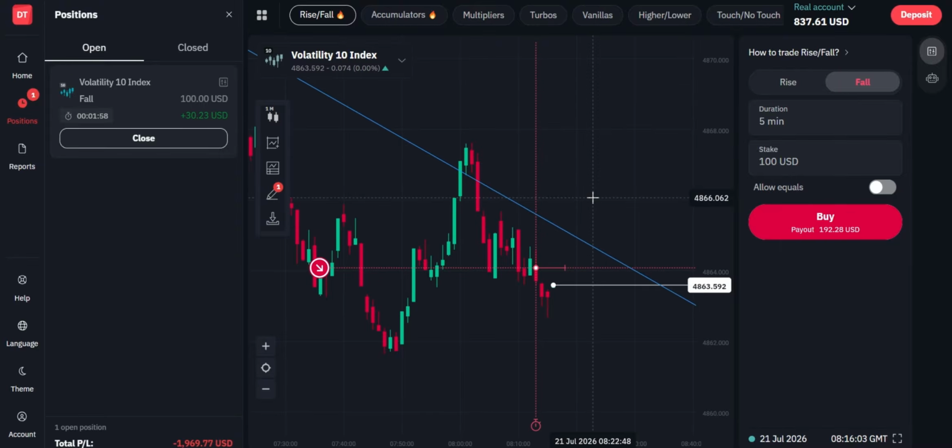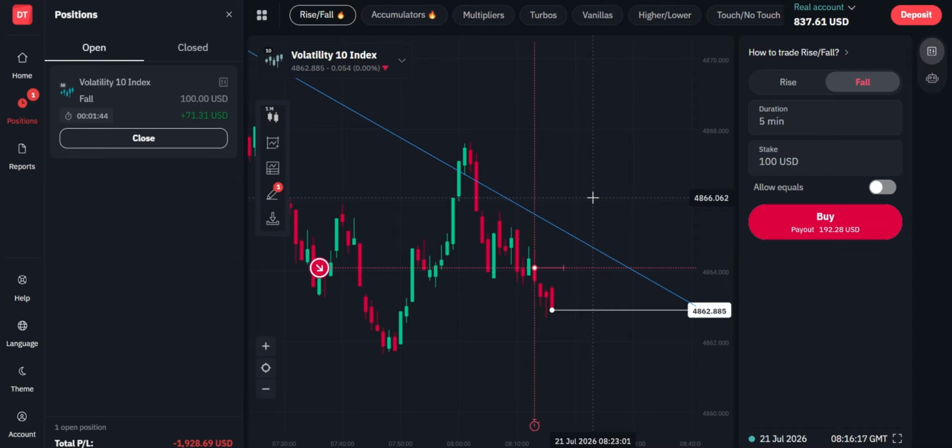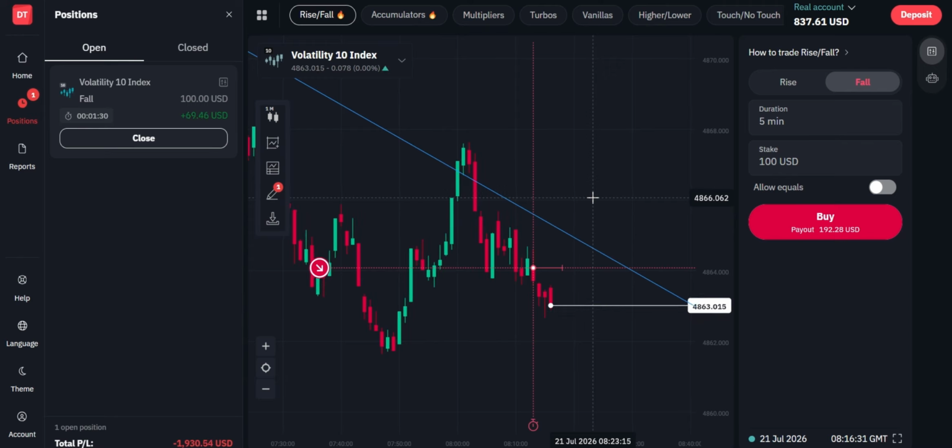So the rejection, it is buying rejection. Okay, let's see. I can see continuous rejection from the buy side.